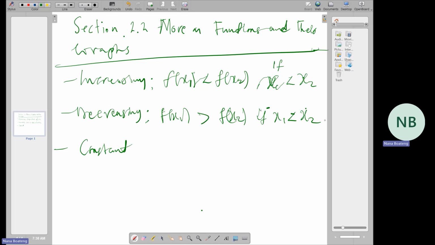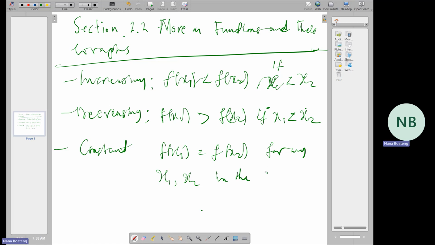We say a function is constant in an open interval if f of x1 is equal to f of x2 for any x1 and x2 in the interval.